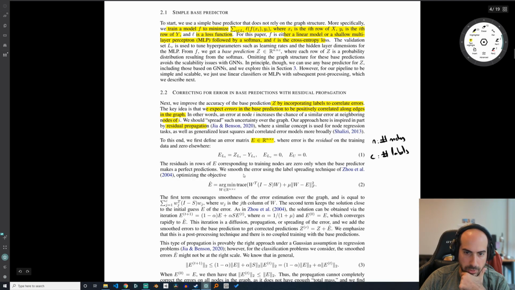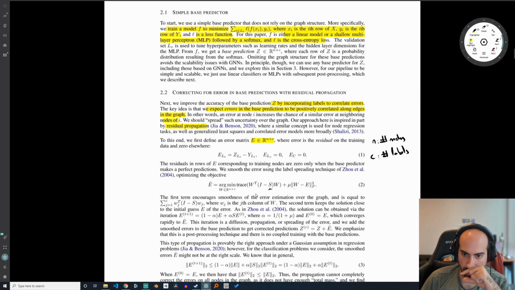So we use smooth error using the label spreading technique of Zhu et al., optimizing the objective. So we have W, and so what's S? Okay, so here, this feels like some sort of regularization, right? It's taking the Frobenius norm between the weight matrix and your residual errors, right? And then here it's saying the equivalent of I minus S W squared.